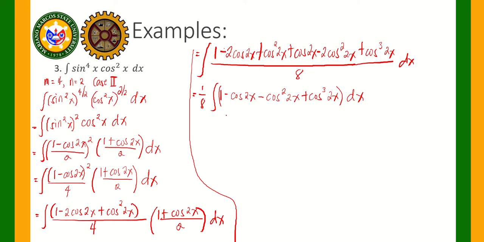So, now, mag-let u tayo. Let u be equal to 2x. So, our du be equal to 2 dx. So, 1/2 du is equal to dx. So, this will be equal to 1 over 8 times 1 minus cosine 2u.